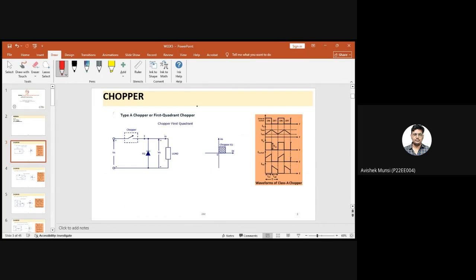It is more or less similar to a buck converter, because in the buck converter we have a filter circuit after this part, if you remember the last class. Basically it acts as a step down chopper.